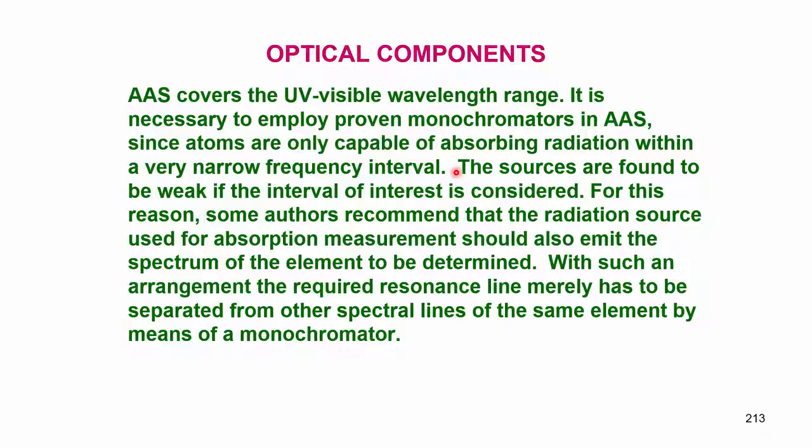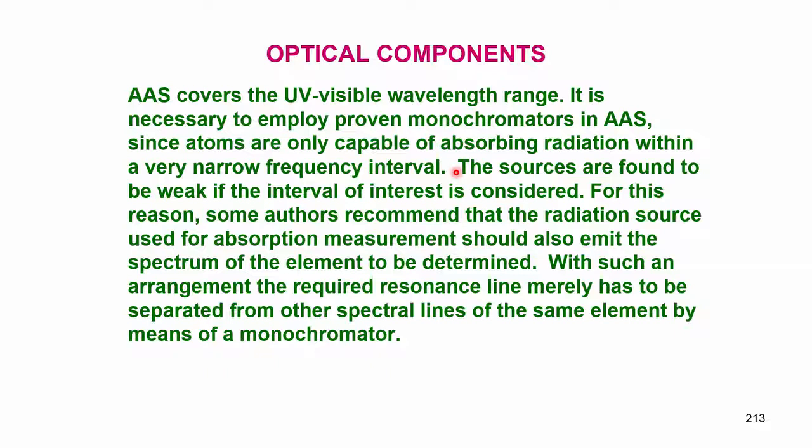So, what you should remember now? You should remember that atomic absorption resonance lines occur in the UV and visible range. That means I just need an optical component which can cover UV and visible range. I do not need to go to IR, NMR, higher wavelengths, nor vacuum ultraviolet.